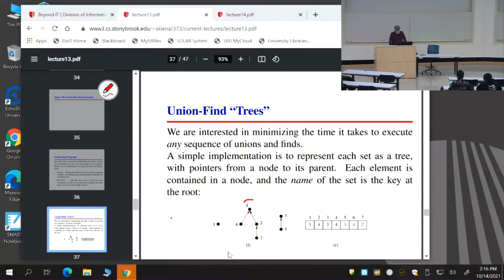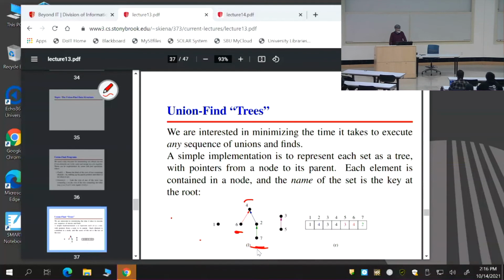So what is the idea here? If we want to know whether two vertices are in the same component, how can we find out whether 6 and 7 are in the same connected component?